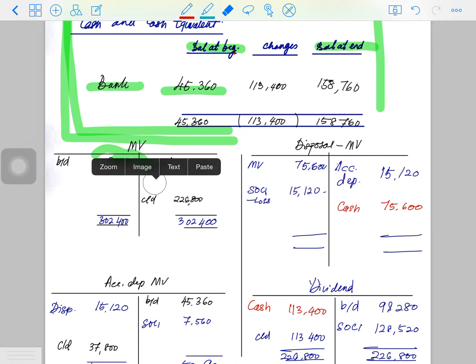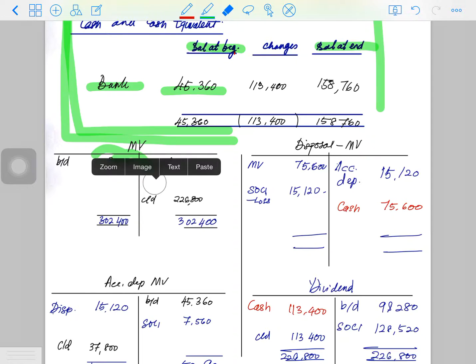Okay, here you have anything related to motor vehicle. You have to open the account for accumulated depreciation. You just put in your balance brought down and balance carried down for accumulated depreciation.